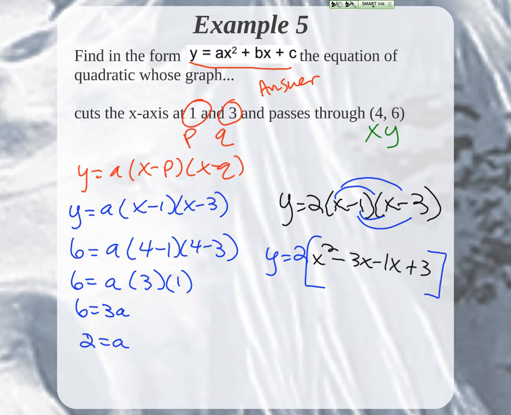And some of you might do that step in your head as well. So then once you've got that all FOILed, you do have to multiply every single piece by 2.